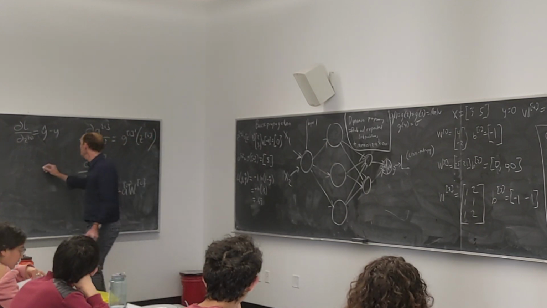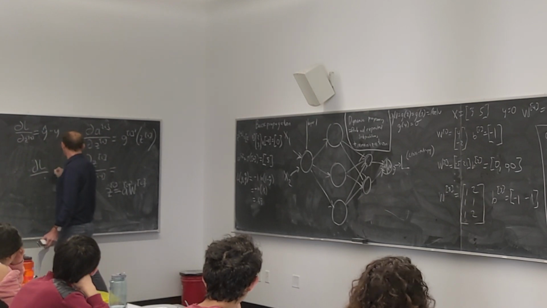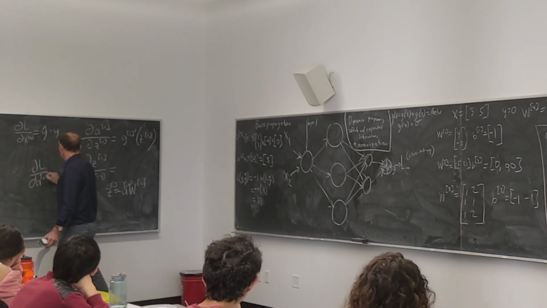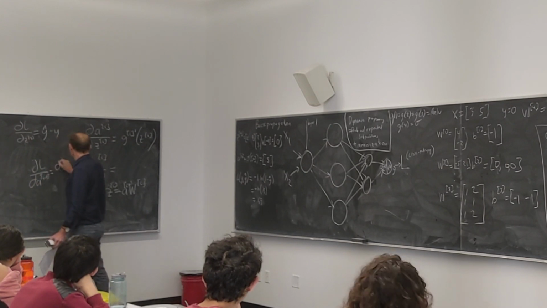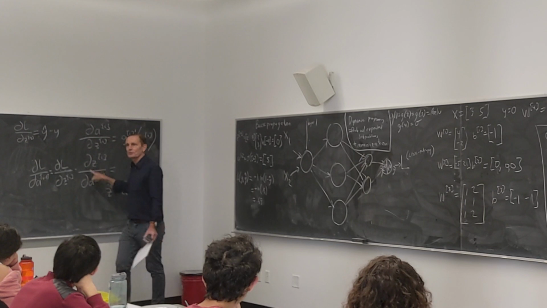As we're computing the partial derivative of L with respect to, let's say, a at I minus 1, this will be the partial derivative of L with respect to z at I times this partial derivative.